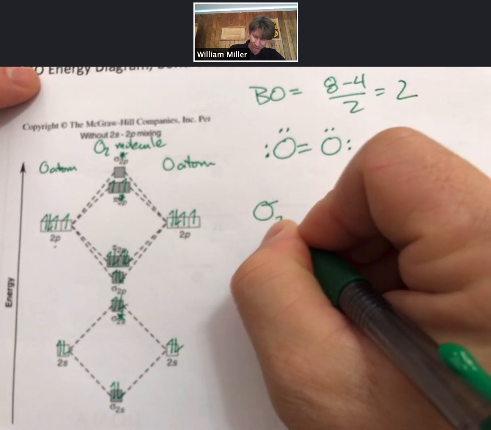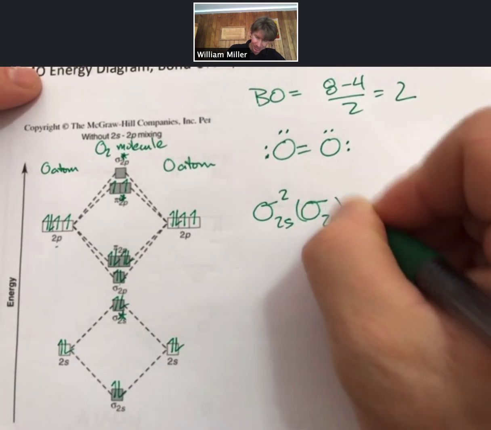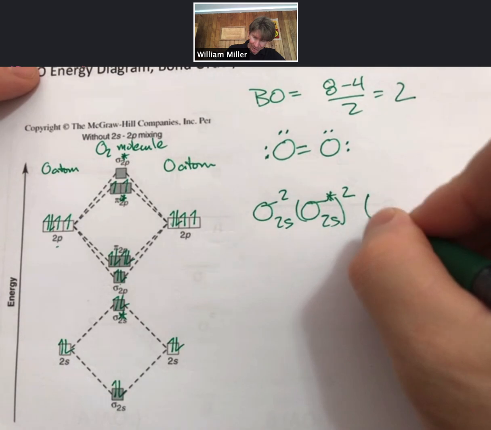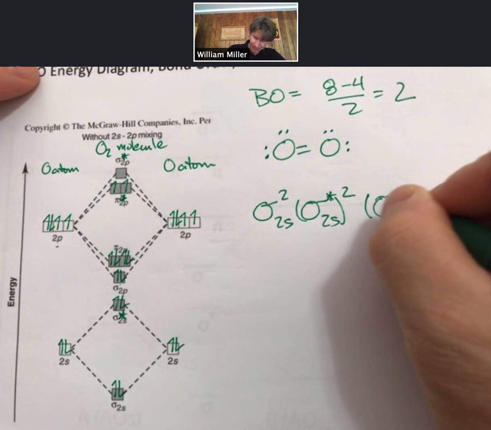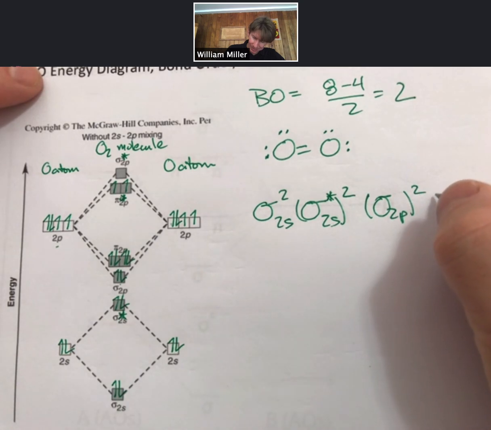So this is going to be sigma 2s 2, sigma 2s star 2, sigma 2p 2, pi 2p, and these are going to be pi 2py. It doesn't say this on here, and we'll talk about this in a minute.